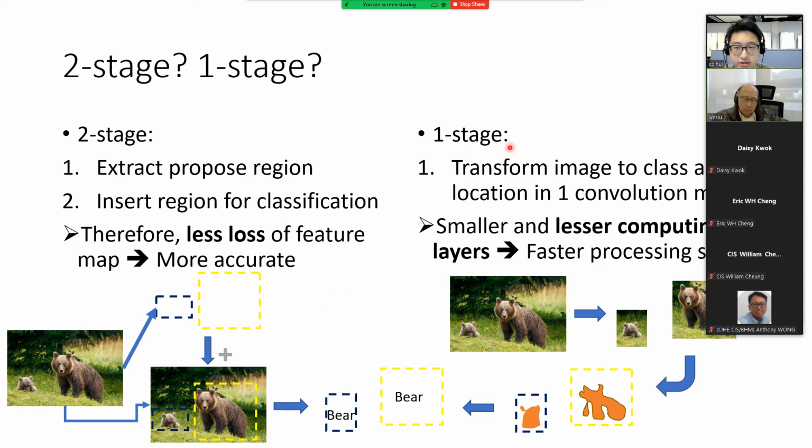For 1-stage, it transfers the image to class and location in just one convolutional neural network model. Here is an example. We input an image. First, it is going down in size, or selecting a region.